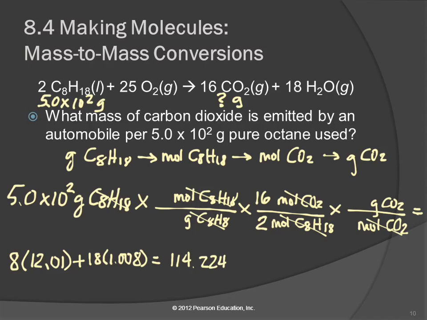Did anybody else get that? That's grams of C8H18 equal to 1 mole of C8H18. It's always number of grams for 1 mole. That number does not have a crazy amount of significant figures or digits. If it had 8 decimal places, I probably wouldn't copy them all down. But it's only got 3, so I'm just going to put it in there.